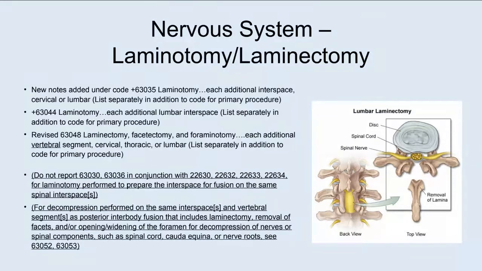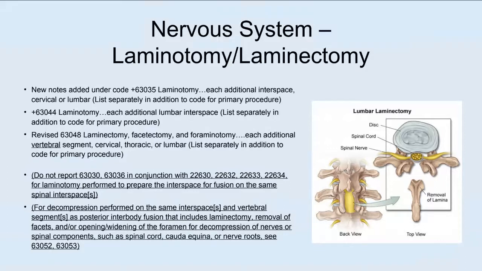Okay, also in the nervous system are changes to the laminotomy, laminectomy codes. These are discussed more in the video on the 2022 changes to the musculoskeletal system. So notes were added under 63035, 63044, and code 63048 was revised. So the notes are here.